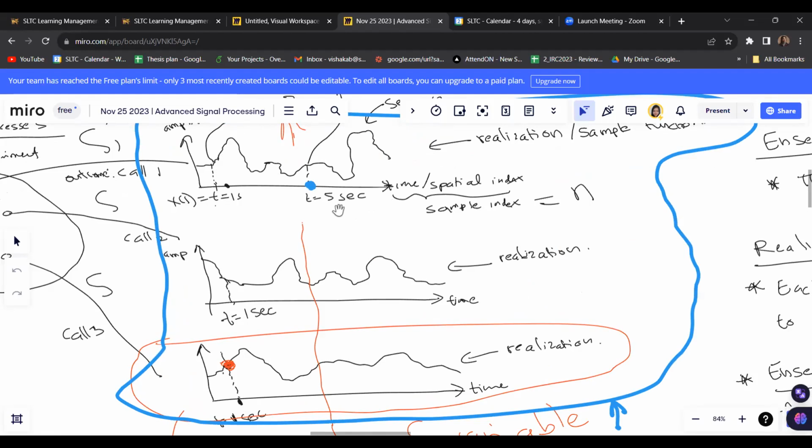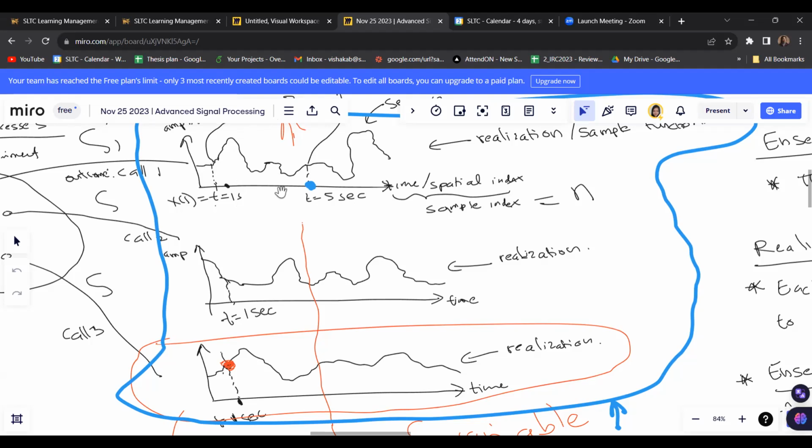And then for time instance 5 seconds, we also can consider another random variable. And then if we want to find whether there's some similarity between time instance 1 and time instance 5 seconds, then we will use the autocorrelation function to find the similarity between these two random variables, right?